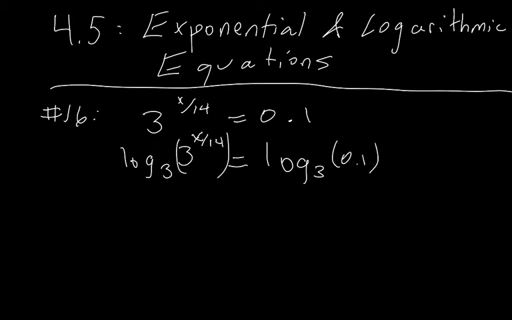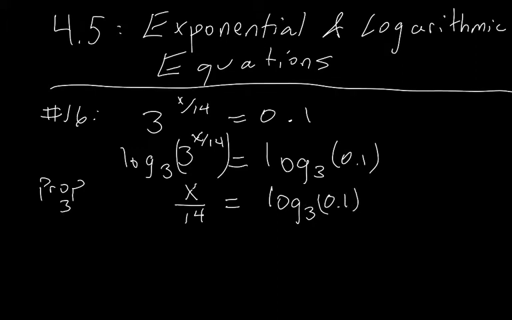Now if you remember, by property 3, as long as the base of the log and the argument are the same number, which in this case is 3, then the exponent is what remains. It has that cancellation property. Then what we want to do is multiply both sides by 14.